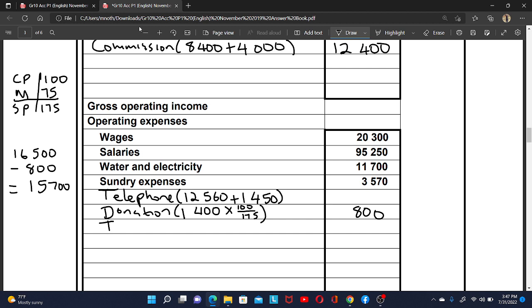It's going to be 16,500 minus 800 minus 15,500, which is equal to 200 rand.